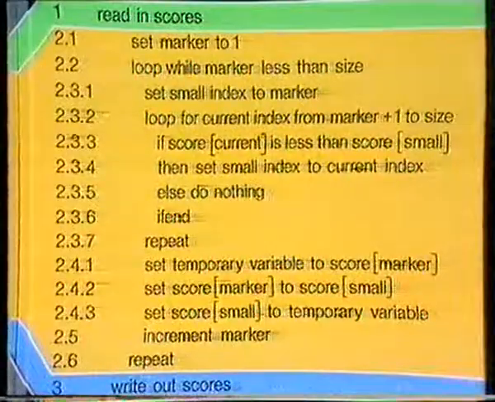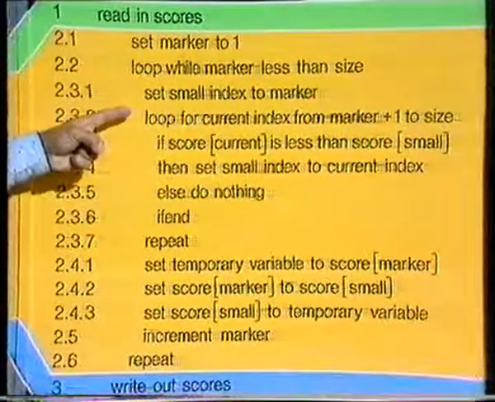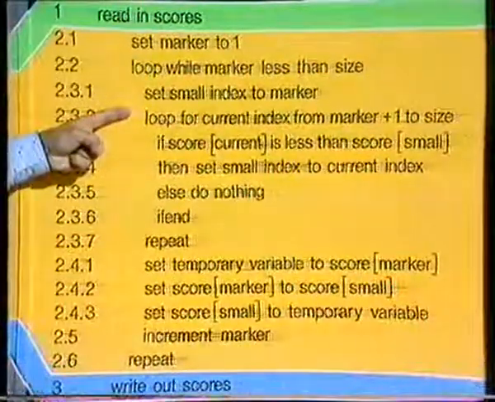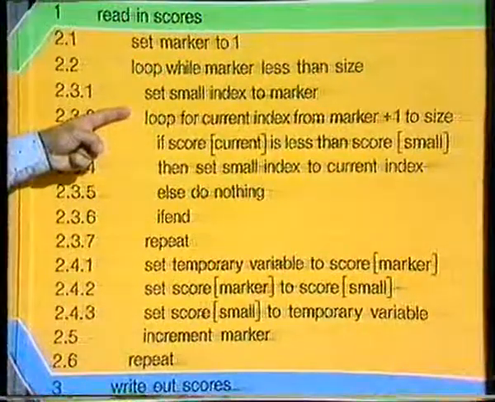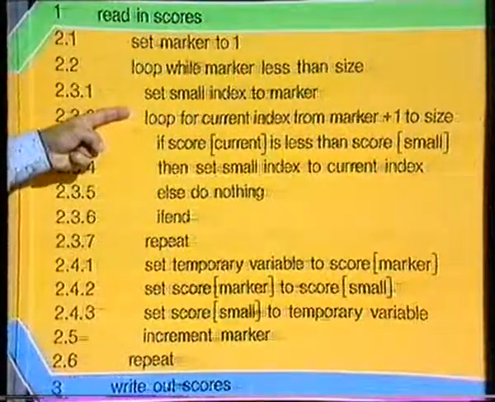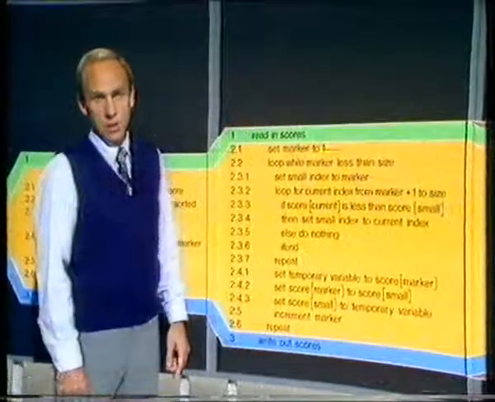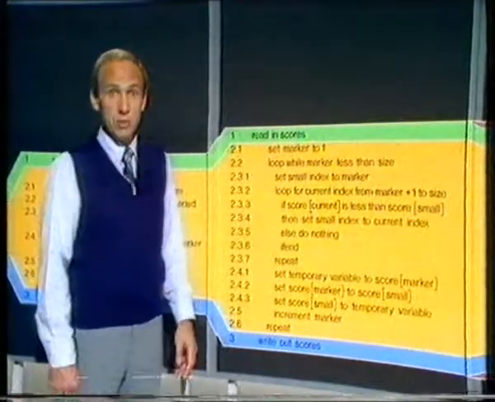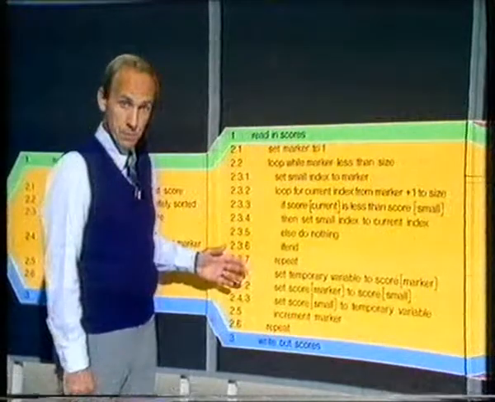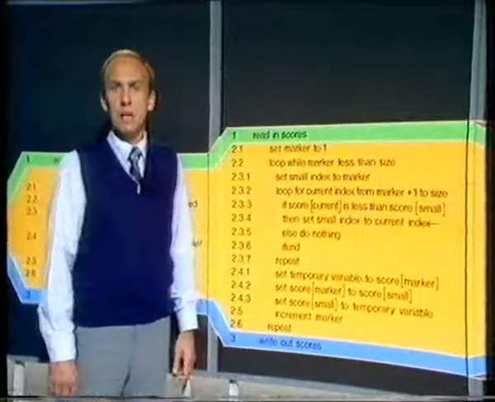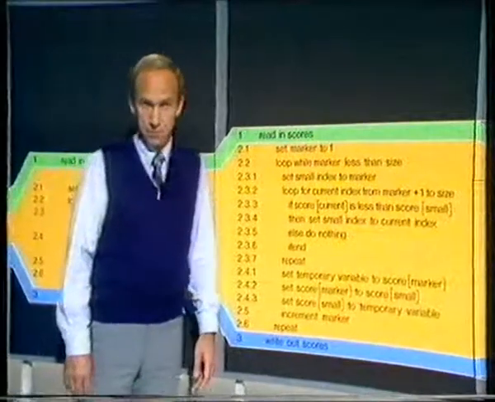We know exactly where they are, so we can use a for loop. We loop for the current position from one below the marker all the way down to the end of the list. So, at last, we've refined step 2.3 into these 7 steps. But we haven't finished yet. Let's look back at the earlier stage of the design.